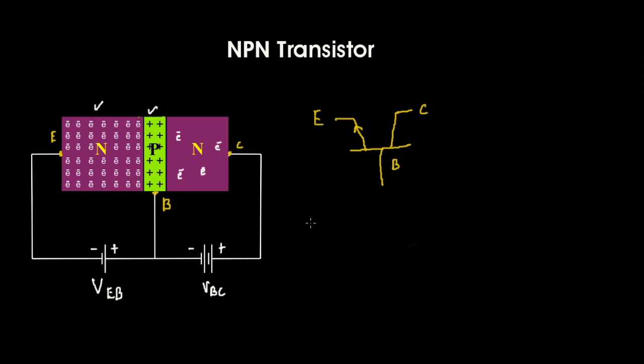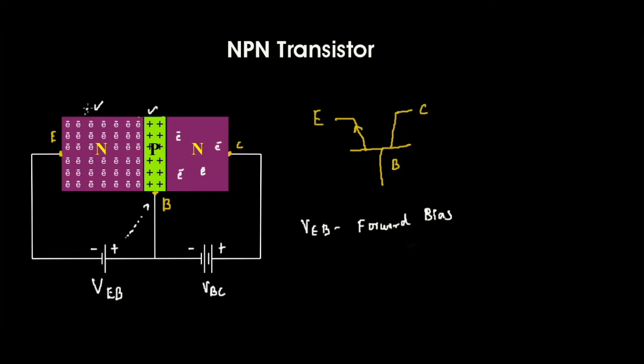Whenever you are giving forward bias to it, this PN junction diode will start conducting. This positive potential here will attract electrons from the N side, right?